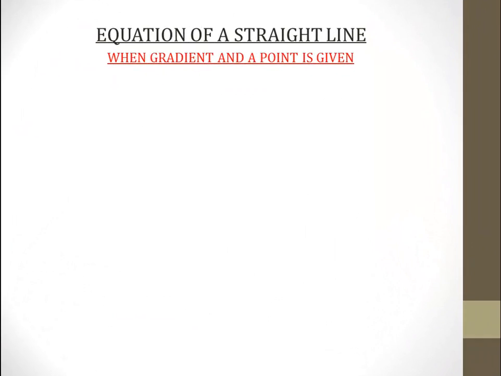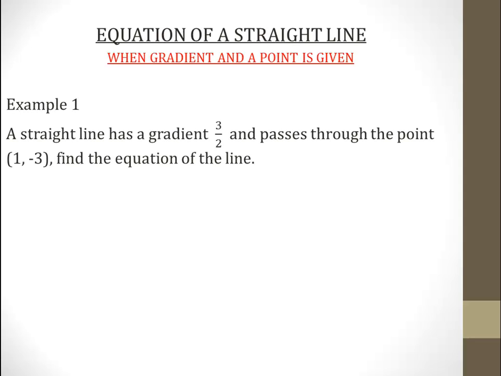So let's take our first example. A straight line has a gradient 3 on 2 and passes through the point (1, negative 3). Find the equation of the line. So before we start, you have to write out the little information in the question, and this we term as data.